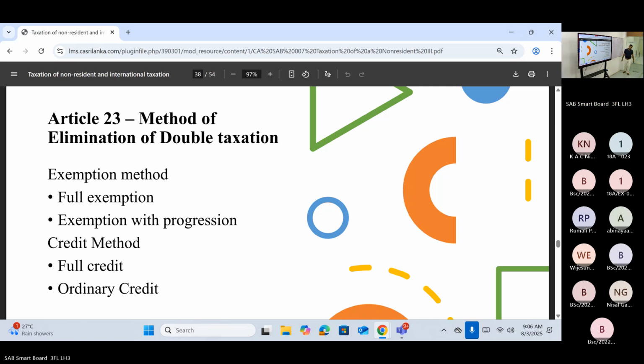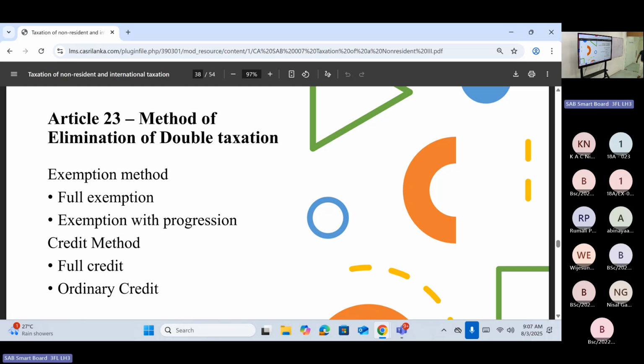And the other method is the credit method. Tax paid in one country can be considered as a tax credit in the other country. Tax is paid in the source country, but we give the tax credit in the resident country.